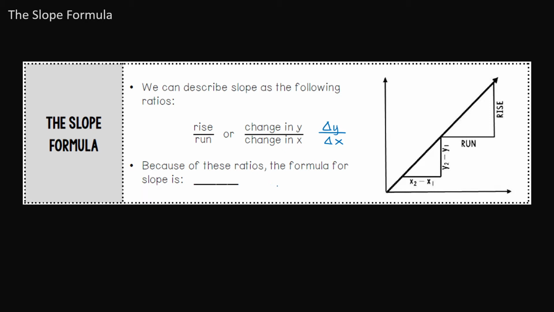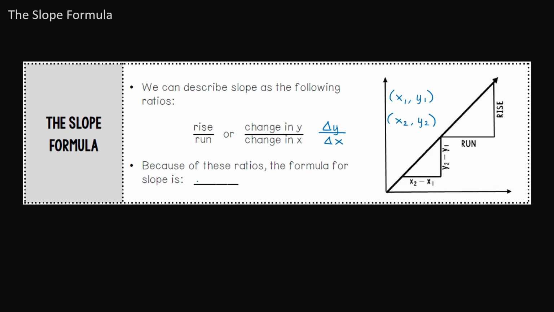And because of these ratios, we can use a specific formula for slope. If we have 2 coordinates, the first one would be x1, y1. That's coordinate 1. And we have coordinate 2 at x2, y2. And all these variables represent are just any 2 points on a line, any 2 coordinates on the line.